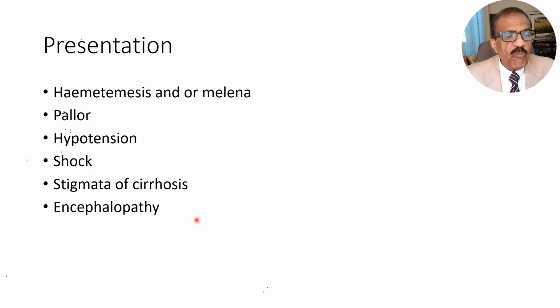So these two factors can precipitate hepatic encephalopathy. Upper GI bleeding is already a serious condition. If hepatic encephalopathy is added, then it becomes even more serious. So our attempt is to prevent hepatic encephalopathy. How do we do that? I'm going to explain in the subsequent slides.